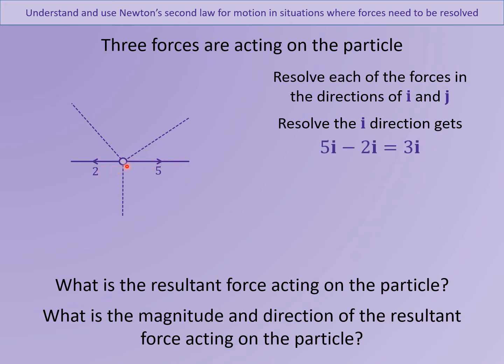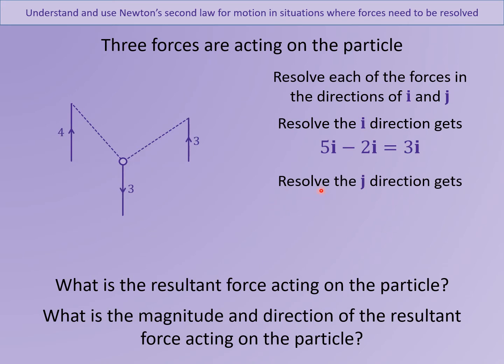And because it's 5 pulling that direction and 2 pulling that direction, it's going to end up with a force of 3 pulling in this direction just here. So you've got 5i minus 2i equals 3i, and that's assuming that this direction here is positive. Okay, so we're assuming that direction is positive, going from left to right.